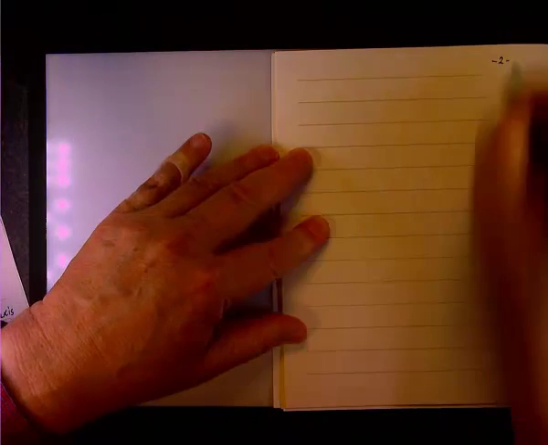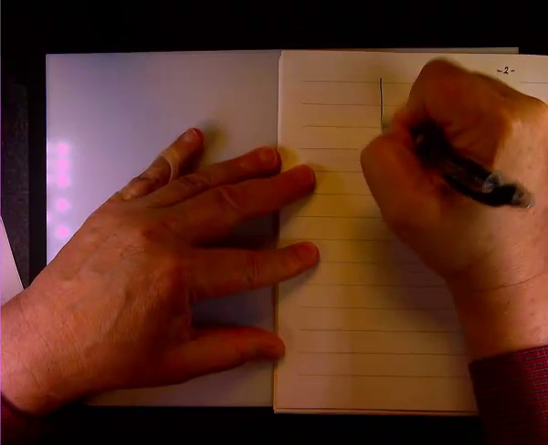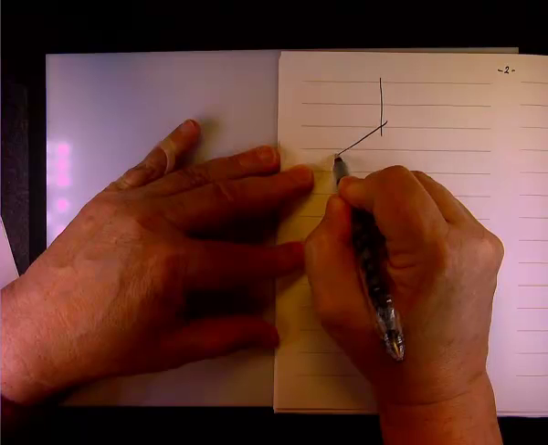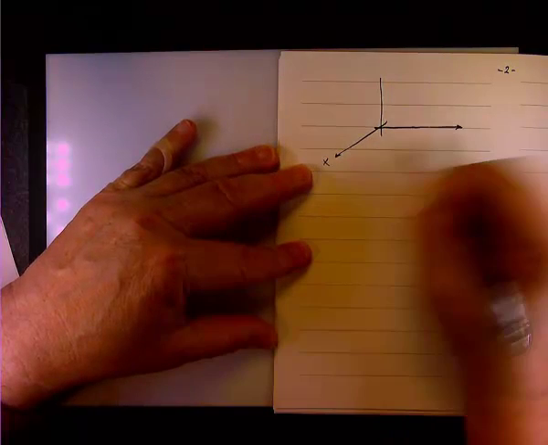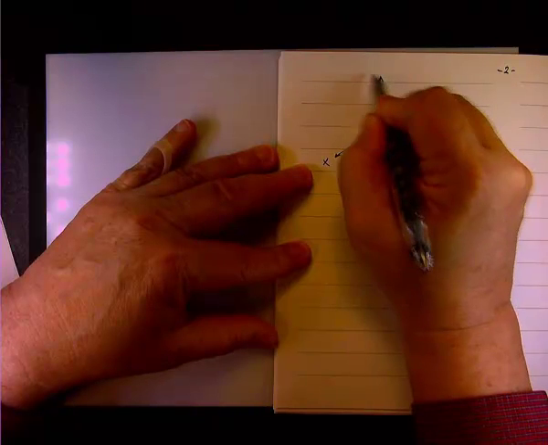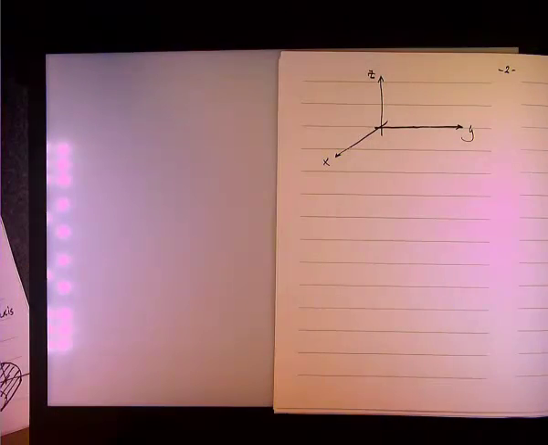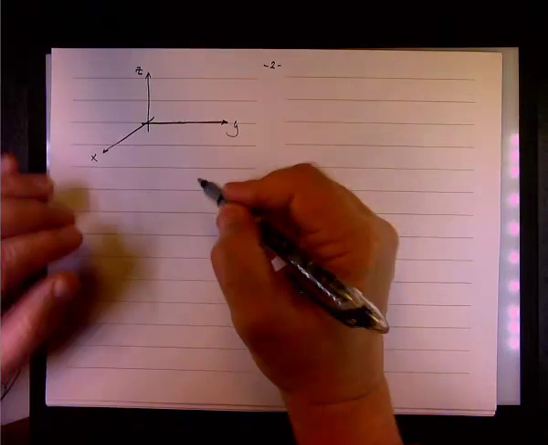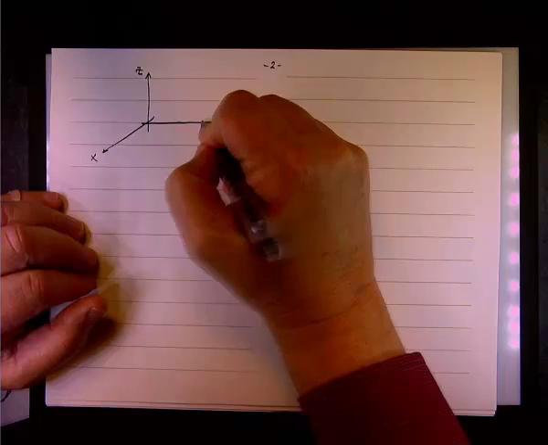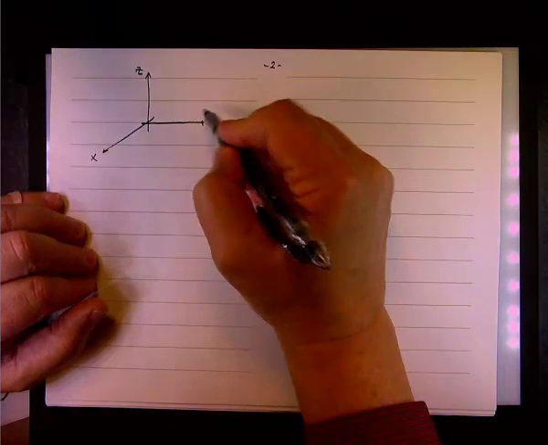So when we sketch it, this is what we're going to see. Let's bring up our standard x, y, z coordinate system. So y equals a constant. Let's say this is y equals k right there.